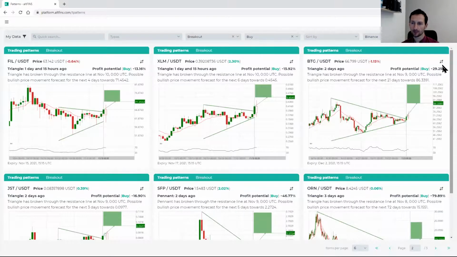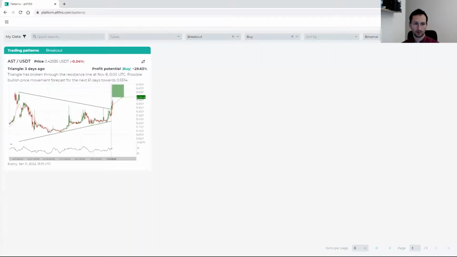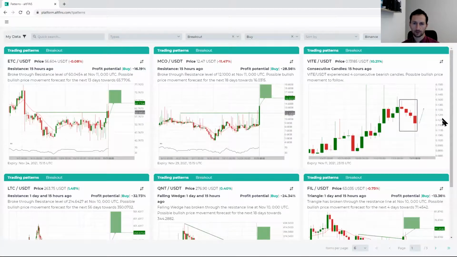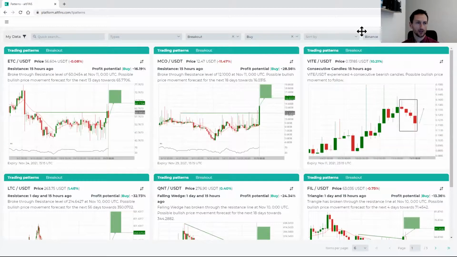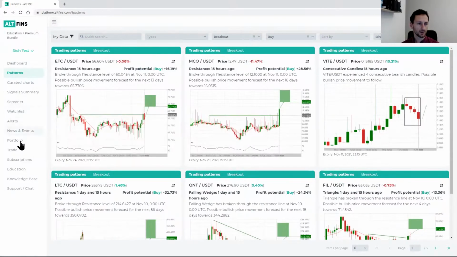Let's see, anything else here? Another triangle. Yeah, not too crazy about triangles. Got it. All right, so we've got Litecoin, and we have nulls. Well, let's go ahead and do that.